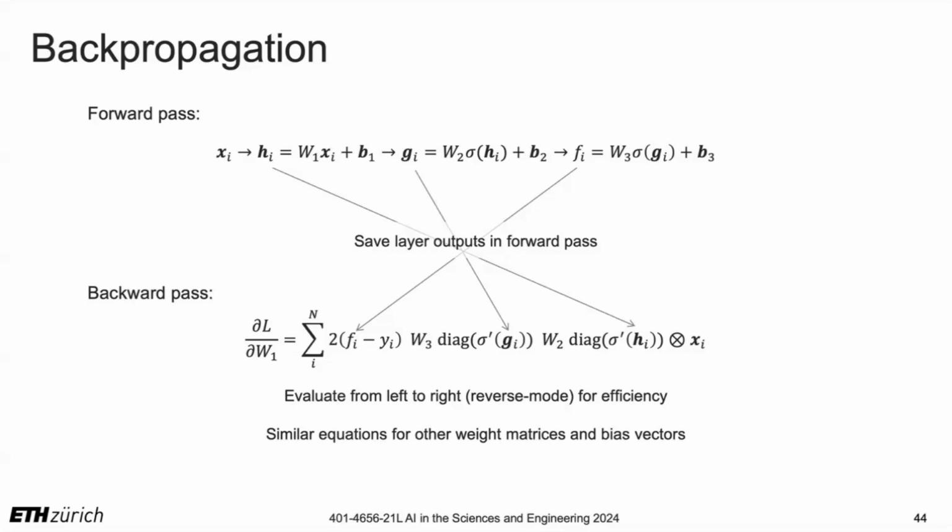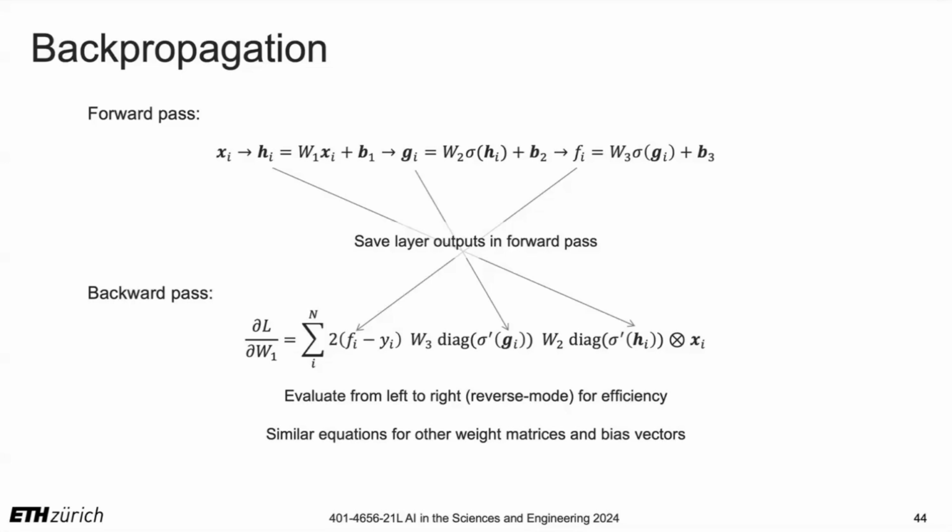How auto-differentiation works is that we do a forward pass first, where we evaluate the output of the network and store all the intermediate activations. Then we do a backwards pass where we compute the gradient from those values. I've just shown you the gradient with respect to W1.